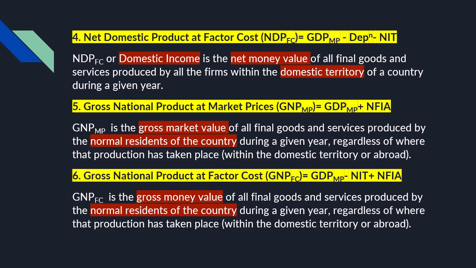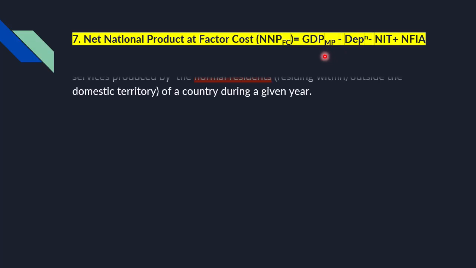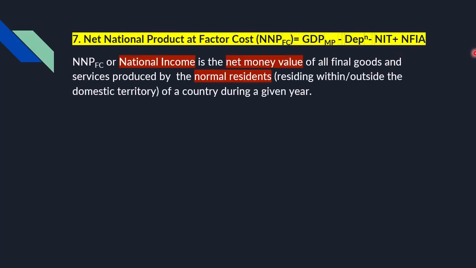देन नेक्स्ट इज NNP-FC. दिस इज आर एग्रीगेट विच डिनोट्स नेशनल इनकम. ठीक है. ये GDP-MP से कैसे हमने डिराइव किया. फर्स्ट ऑफ ऑल हम बात कर रहे हैं NNP-FC विच इज द नेट वैल्यू, सो यू विल सब्ट्रैक्ट डेप्रिसिएशन. देन GDP-MP में क्या था डोमेस्टिक प्रोडक्ट था, यहाँ पे नेशनल प्रोडक्ट है, सो डोमेस्टिक से नेशनल पे जाने के लिए यू विल ऐड NFIA, और MP से FC पे जाने के लिए आप क्या करोगे यू विल सब्ट्रैक्ट NIT. सो डेफिनेशन इज नेट मनी वैल्यू ऑफ ऑल गुड्स एंड सर्विसेज प्रोड्यूस्ड बाय द नॉर्मल रेजिडेंट्स ऑफ अ कंट्री ड्यूरिंग अ गिवन ईयर, and it denotes national income.